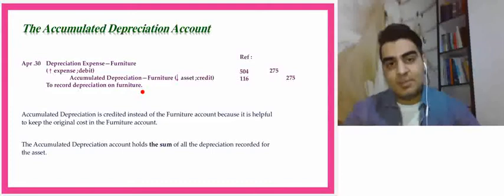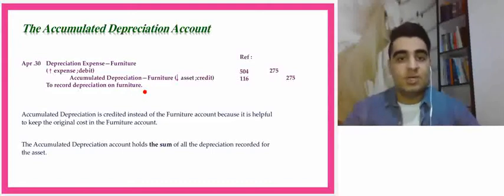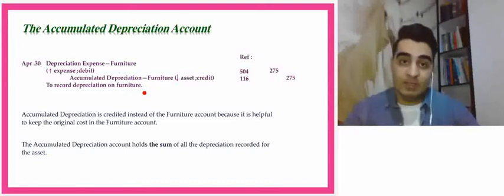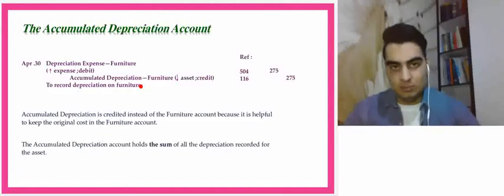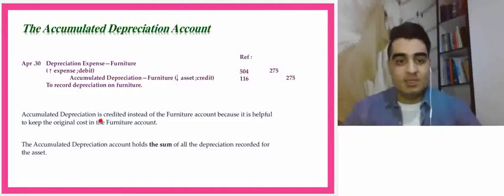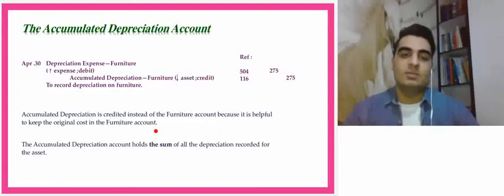You might also wonder why we didn't credit our furniture account itself. Well, to explain it more, the accumulated depreciation is credited instead of the furniture account because it's helpful to keep the original cost in the furniture account. So you could say that it's a replacement for our furniture account.